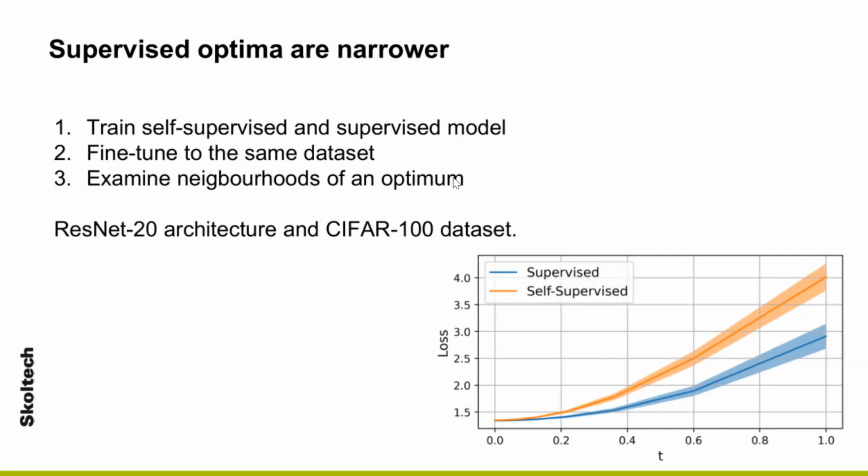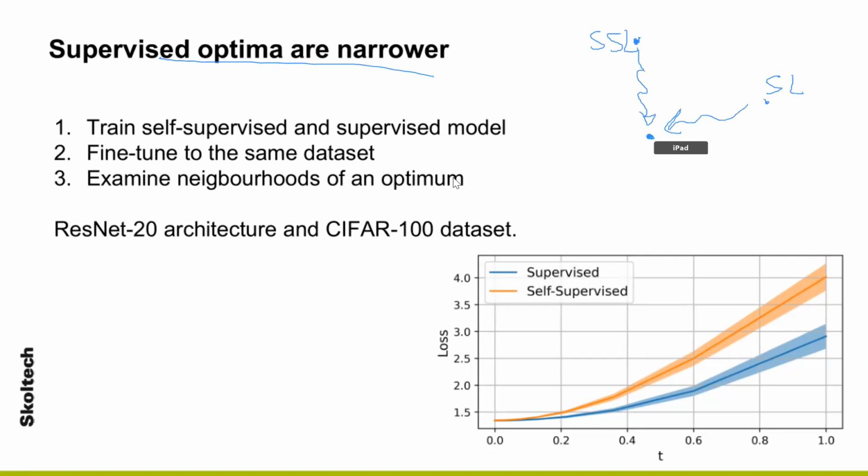And unfortunately, we find that self-supervised are not as good as supervised. The optima are narrow. So if we have an initial vector of parameters for self-supervised learning and another one for supervised learning, we fine-tune it to solve some problem, like fine-tune on ImageNet.